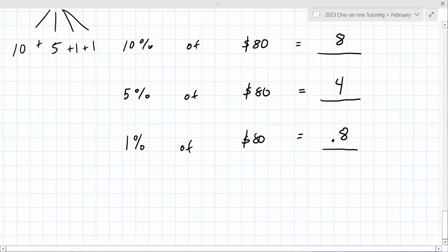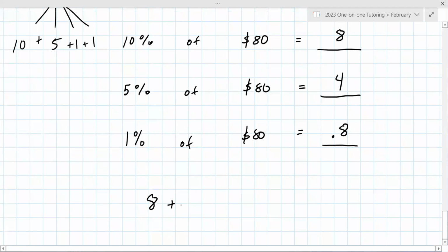So 8 plus 4 is 12, plus 0.8 plus 0.8. Very good. So 12 plus 0.8 plus 0.8. What would that be?